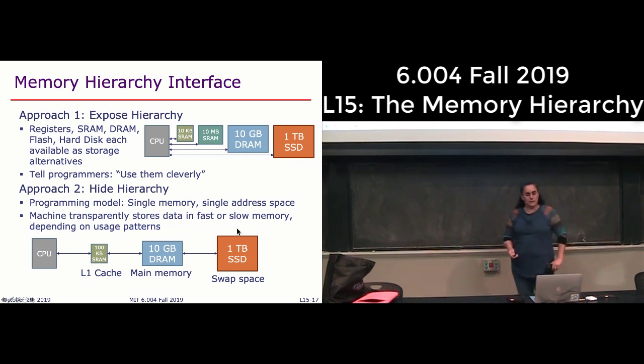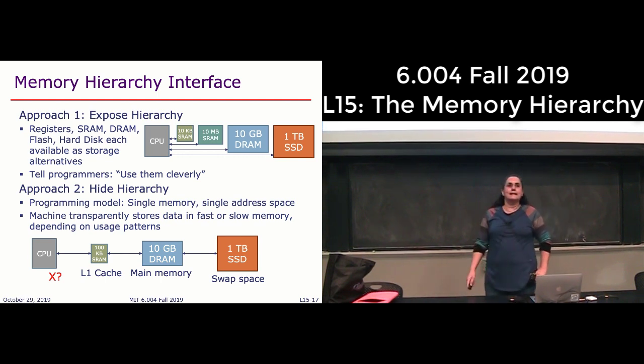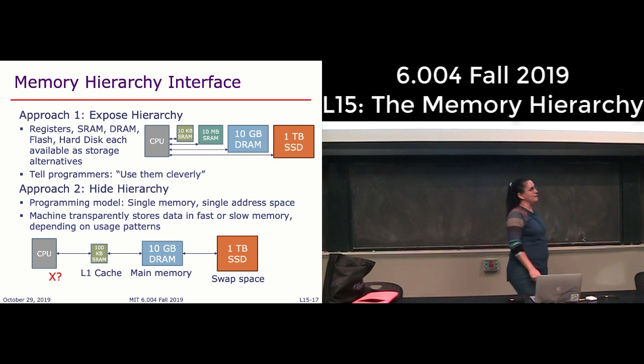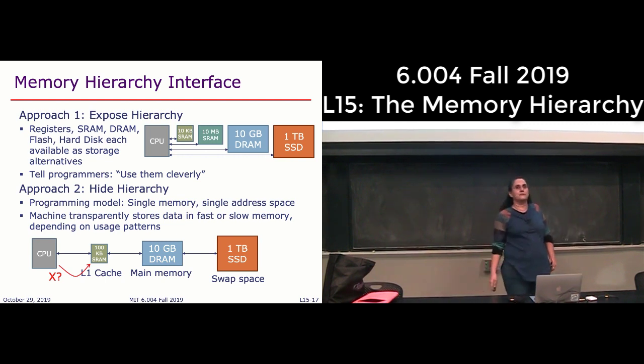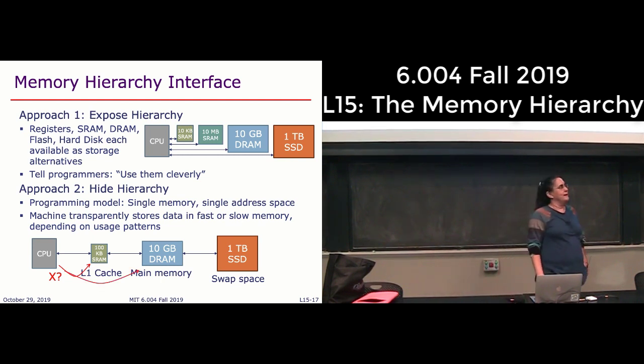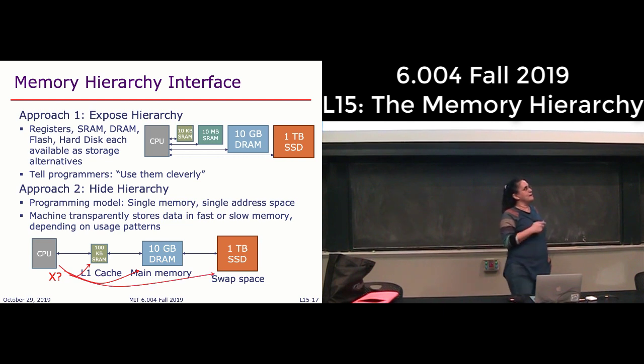So essentially the picture looks like this. If I say, go fetch the contents of address X from memory, the first thing it's going to do is say, is address X in this little cache? If it is, then great, I get the answer back really quickly. If it's not, I have to go on to my next level of memory and check there. And finally, if it's not there, then I go to my really slow memory, okay?